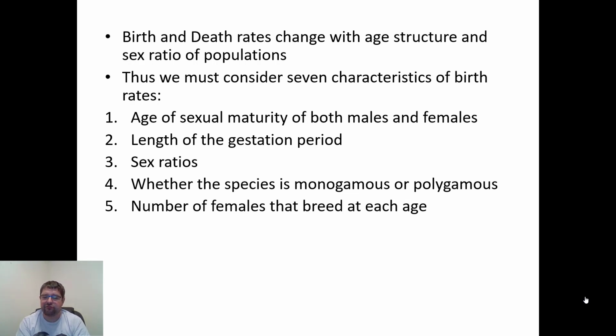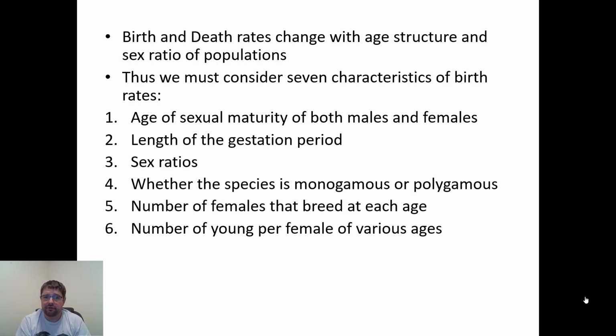Knowing at each age or each breeding age, how many females do you have? Do you just have a bunch of females that are really old and are only producing a single offspring or a couple offspring? Do you have a bunch of females that are super young and doing the same, or is it a good span across all the age groups?